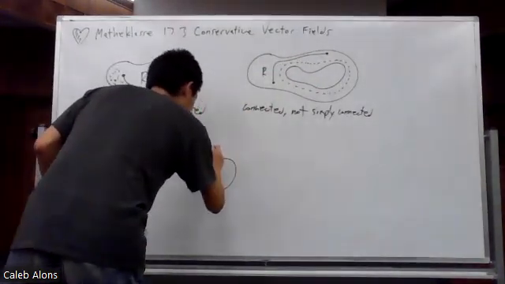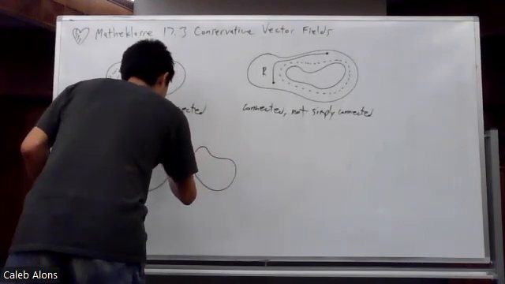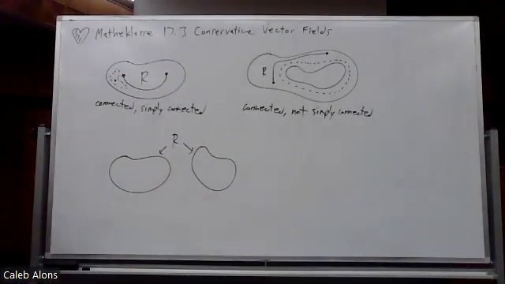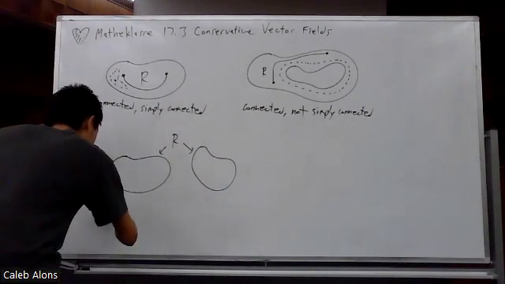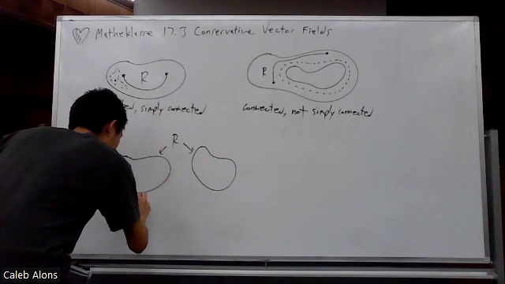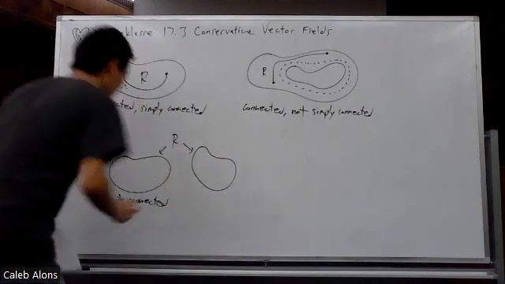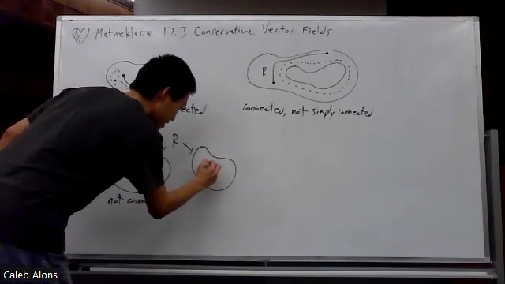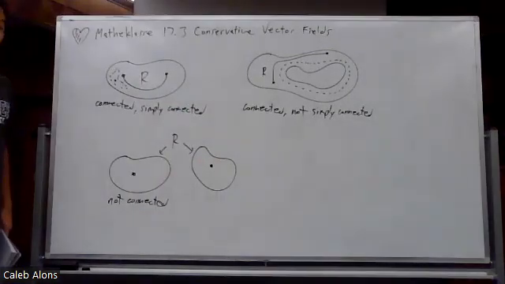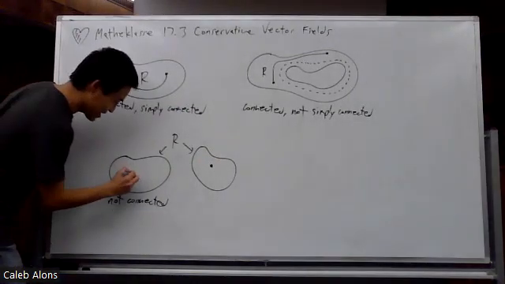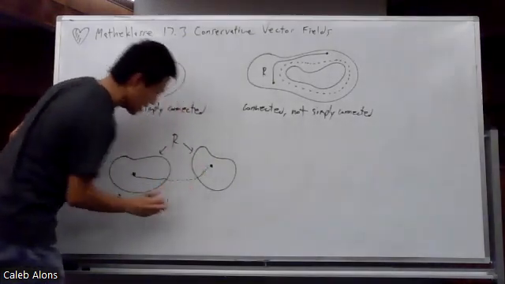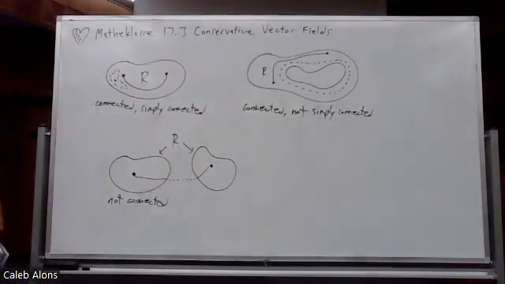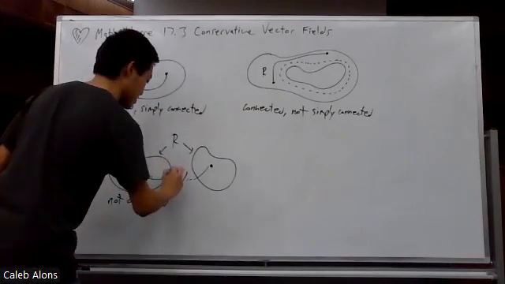So if the region R is both of these little plots, this is not connected. And here's why. Here's a point in R. Here's a point in R. Well, oops, I can't get a curve that bridges that gap while staying completely in R the entire time. Okay, so there's a disjunction.